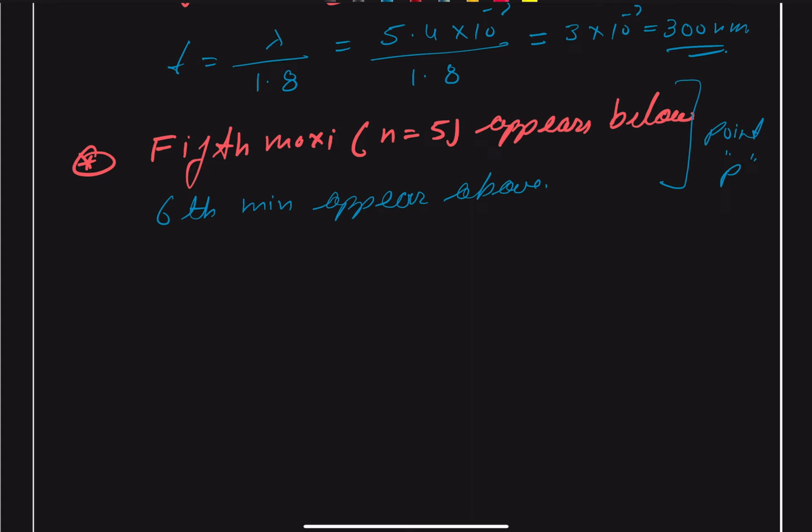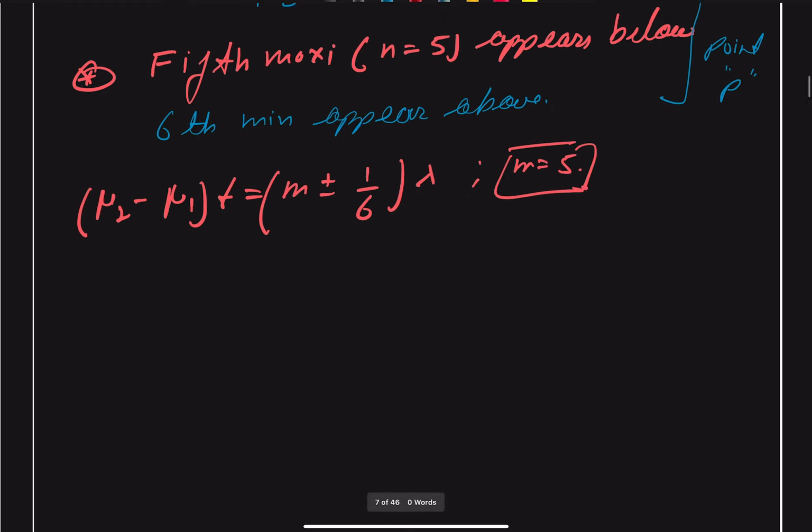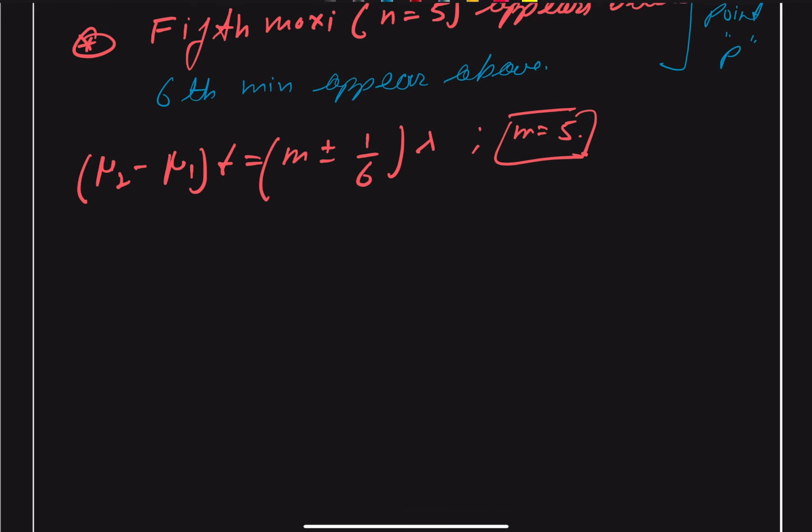So we can use the formula, which is our mu2 minus mu1 multiplied by t is equal to m plus minus 1 by 2 multiplied by lambda. And for m is equal to 5, we can just substitute the values.